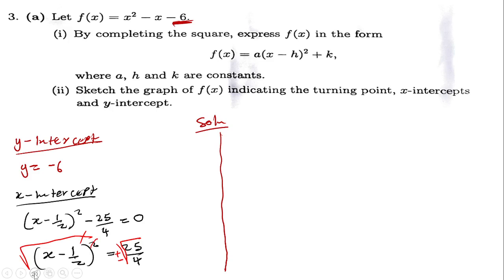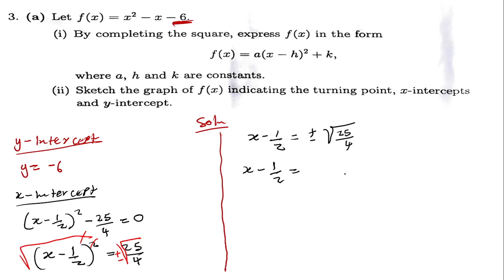This means that I now have x minus half is equal to positive or negative square root of 25 over 4. So x minus 1 over 2 is simply equal to positive or negative 5 over 4.